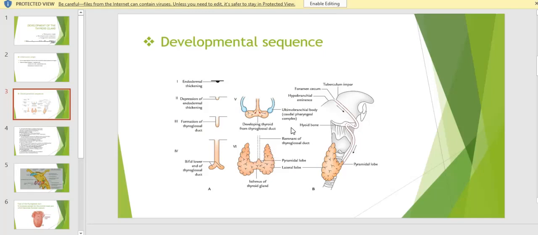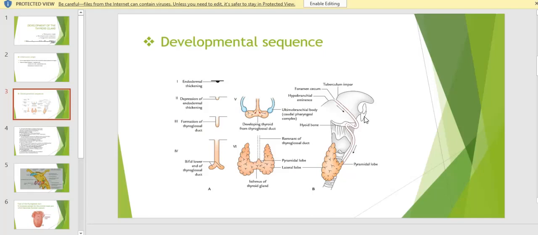Apart from that, we also said that the neural crest cells contribute to the formation of the parafollicular cells. They usually originate from the ultimobranchial body, the caudal portion of the fourth pharyngeal pouch. Then they invade the developing thyroid gland to form the parafollicular cells. You can see this is where it usually originates here.